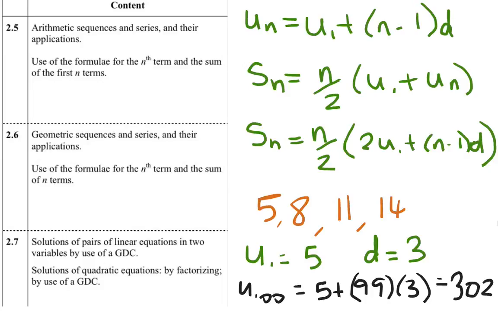So, any other questions before I change the page? D is the common difference. So, your formula sheet actually will tell you this, but let's write this down. U1, the first term. D, the common difference.